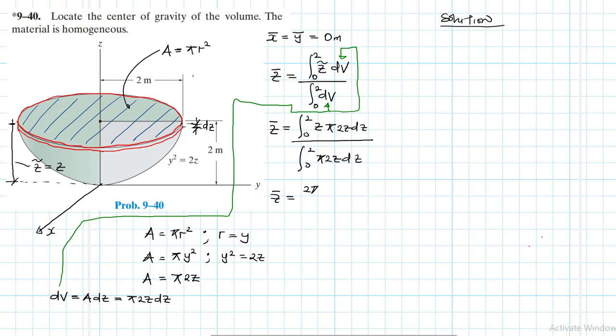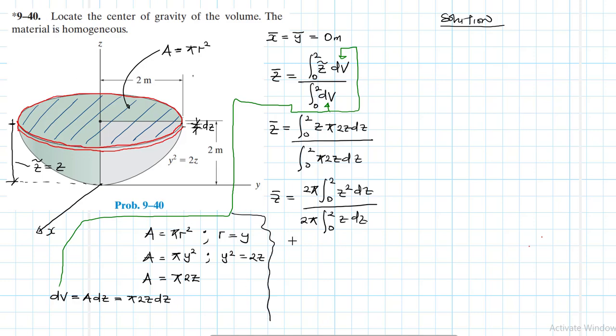We have a 2 pi there, the integral from 0 to 2 of z squared dz. We do the same at the bottom, we integrate from 0 to 2, just z dz.